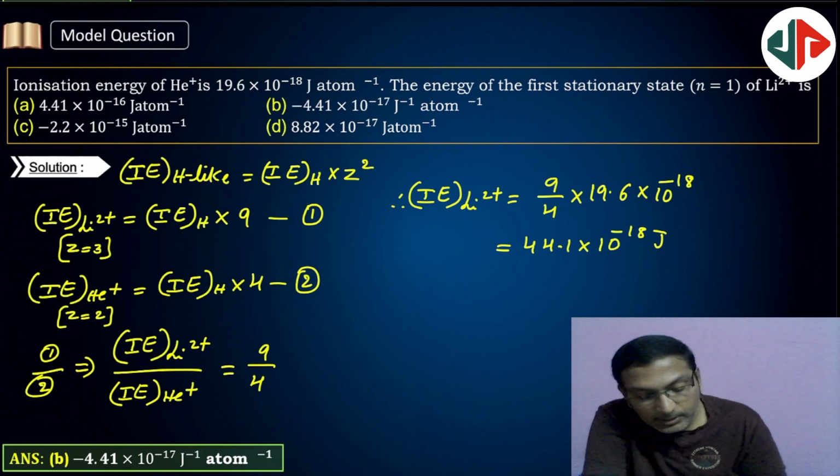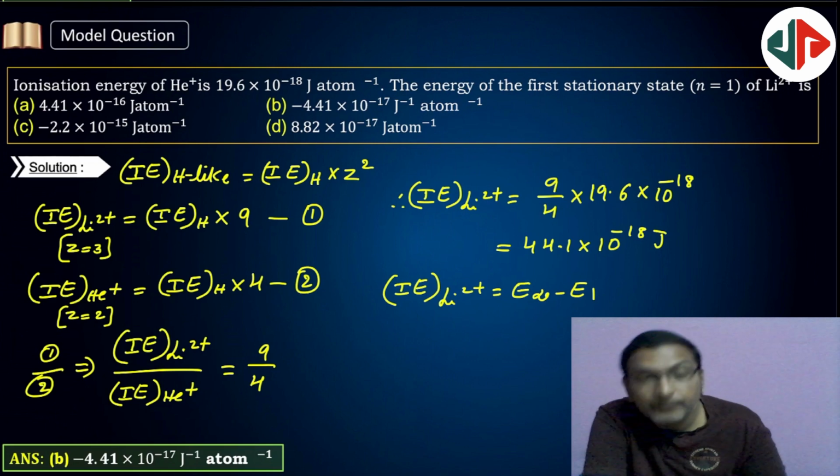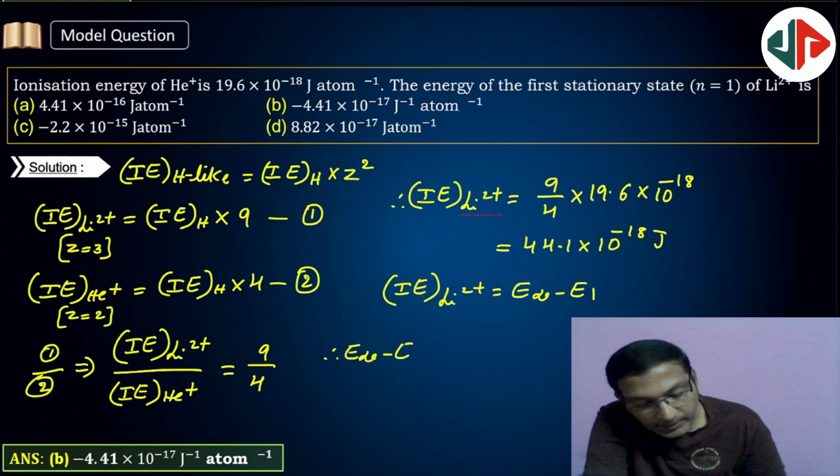So we know ionization energy of Li2 plus is equal to E infinity minus E1. Therefore, E infinity minus E1 equals, I am making it 4.41 into 10 power minus 17 joules.